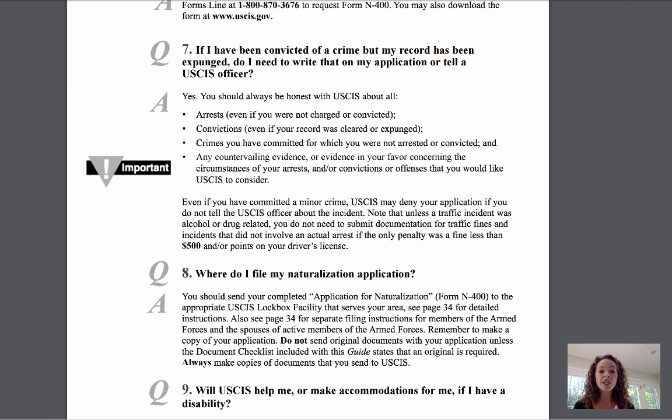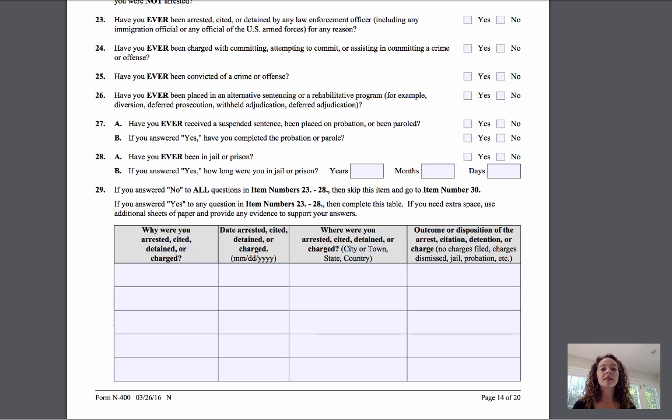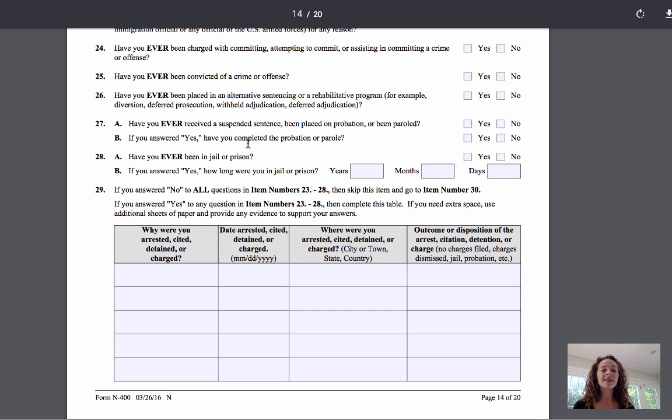Okay, so you don't need to do any of that unless you were arrested and if the fine was above $500. Okay?